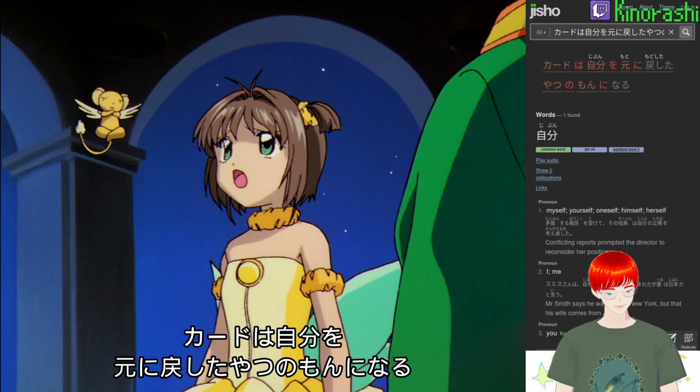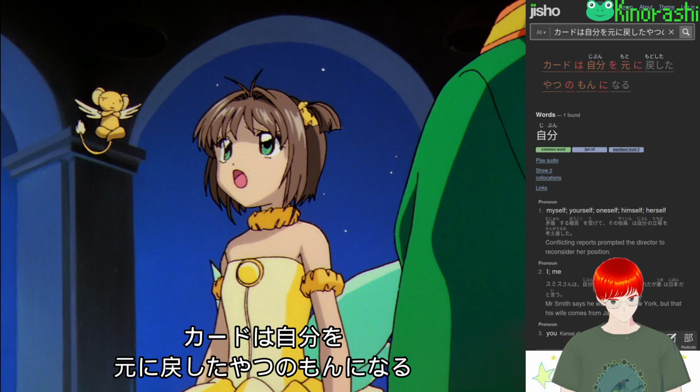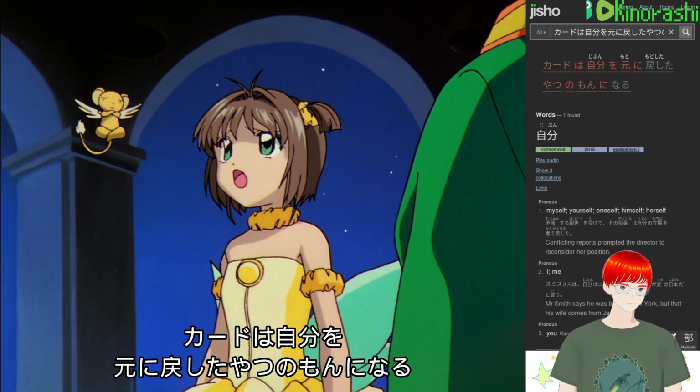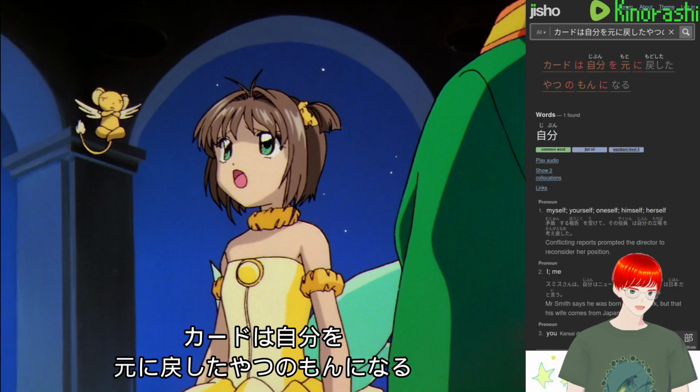Who is the jibun in this sentence? The word jibun refers to the speaker, the person currently speaking the line.